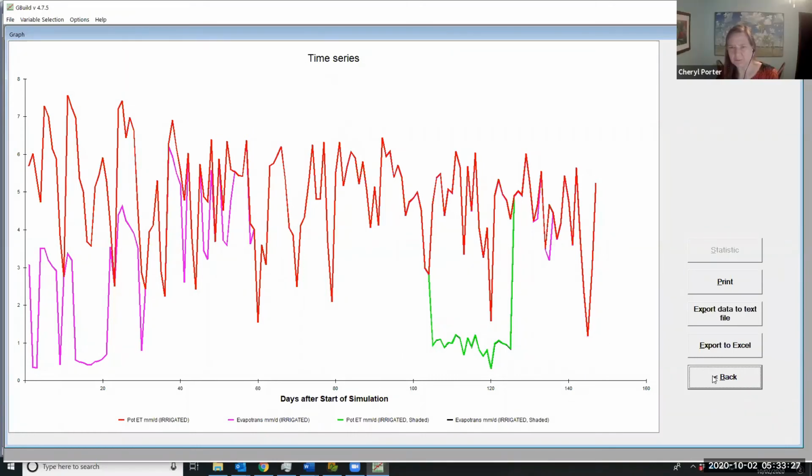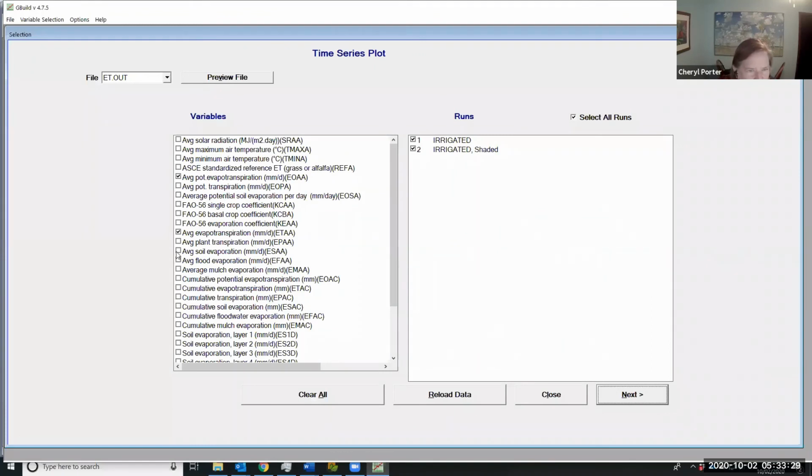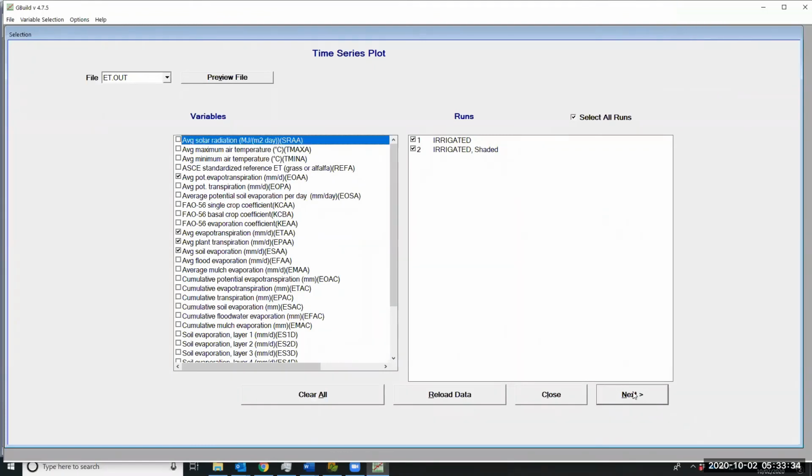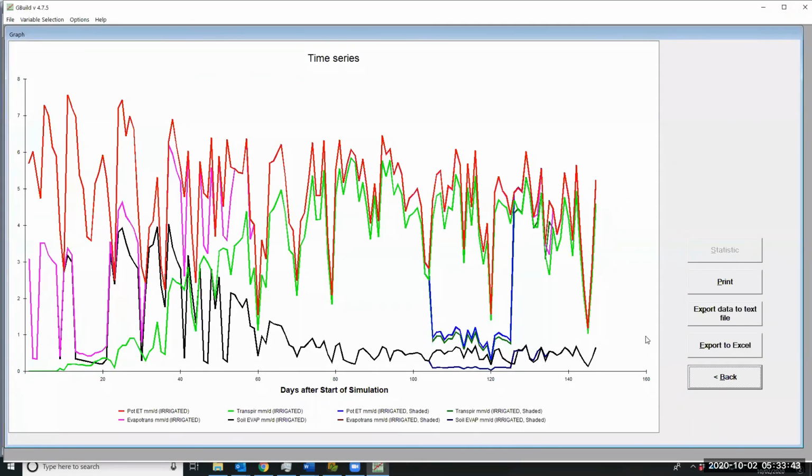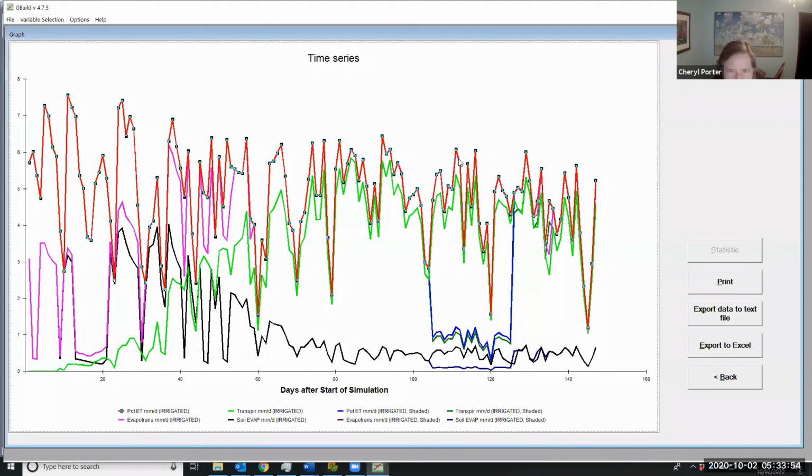Yeah, should we add some complexity and look at soil evaporation and plant transpiration? That might be too much. Может быть, добавим чуть сложности, еще почвенные испарения, или это будет слишком сложно. But let's see. Okay, so potential ET is this top red line.